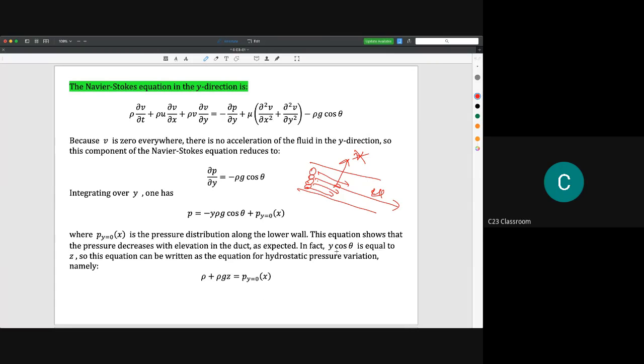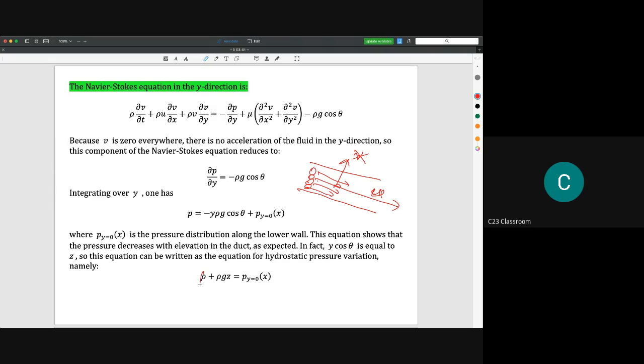So I think you could understand here why we know that pressure is equal to rho g h. So we have y cos theta here, which is actually equal to h. So we change that value into h or z. So this is not rho, this is p, I'm sorry.